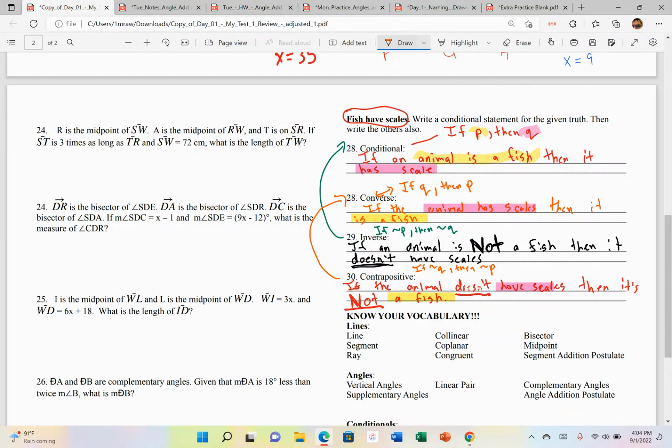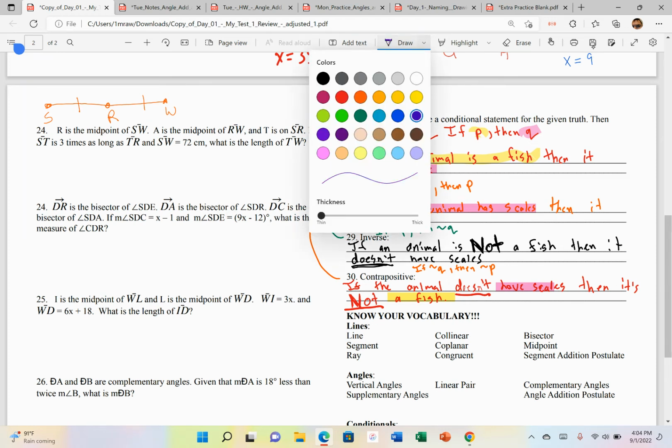It says R is the midpoint of SW. So let's go ahead. SW. Cut that in half. A is the midpoint of RW, so got to put A somewhere in the middle there.